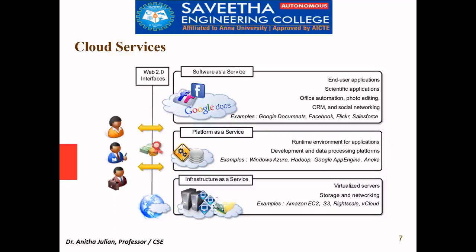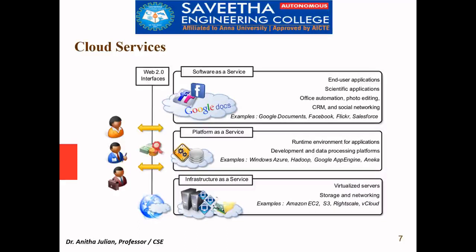The next important terminology we need to know is cloud services. In the first slide you saw SaaS, that is software as a service, then PaaS, platform as a service, and the last one, infrastructure as a service. These are all the services the cloud is providing to the users.